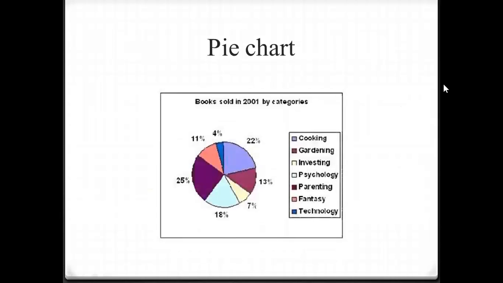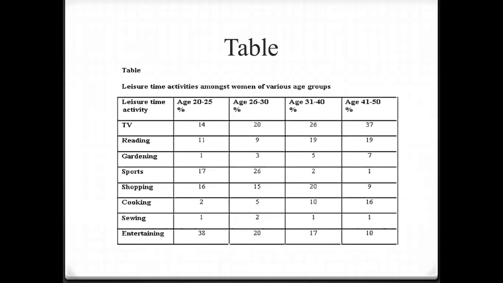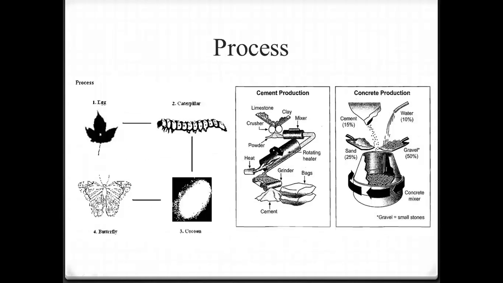So we have the pie chart, and a table where data are plotted through a number of columns and rows. And we have depictions of processes. For example, the first one on the leftmost part is a process where a caterpillar turns into a butterfly. In the middle is cement production, and on your rightmost part is concrete production.